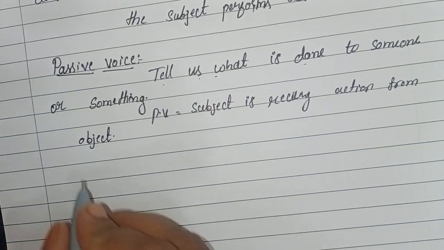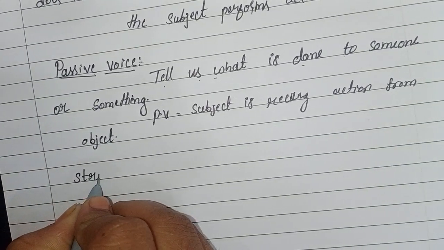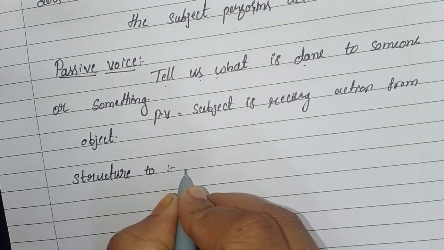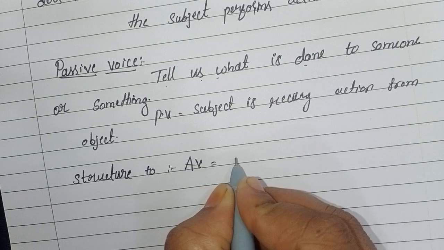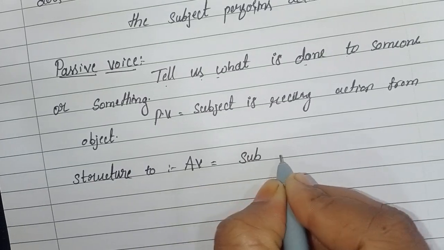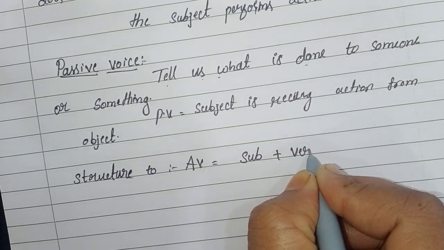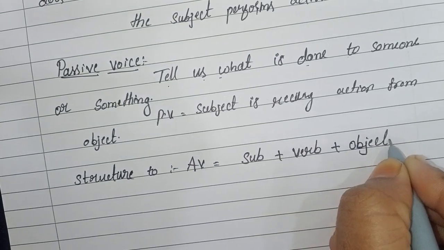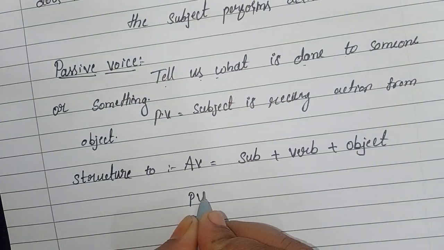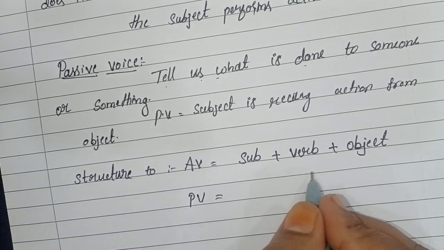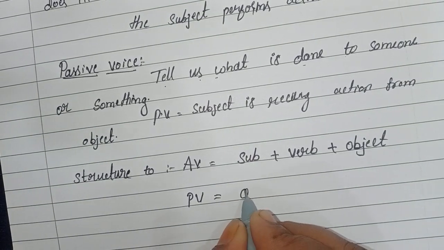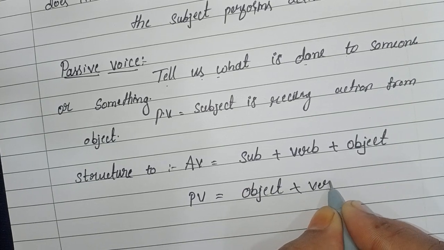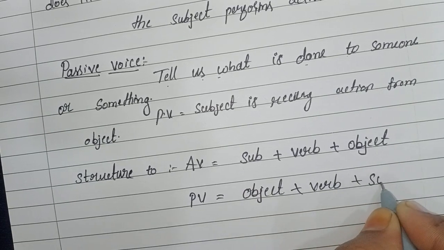Here I will explain the structure for changing active voice to passive voice. Active voice is subject plus verb plus object. When we come to the passive voice, the formula or the structure changes: object plus verb plus subject.